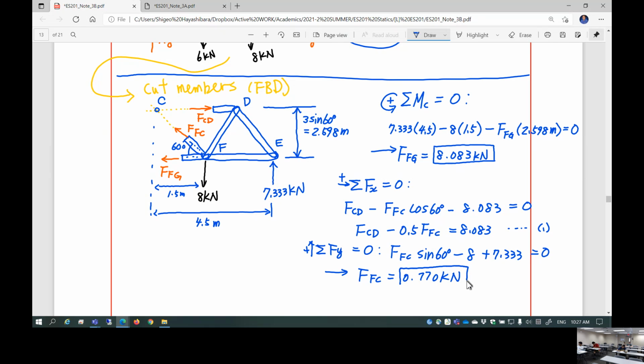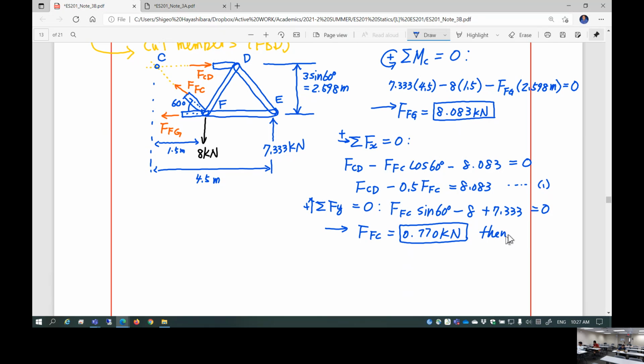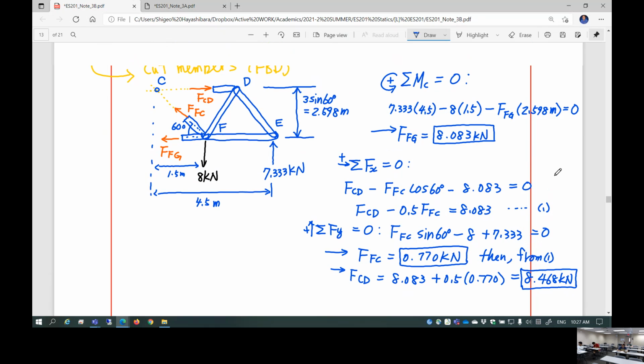I should have done this before the summation of force in X. Too bad, but then from equation 1, FCD is equal to 8.083 plus 0.5 times 0.770, which is 8.468 kilonewton.